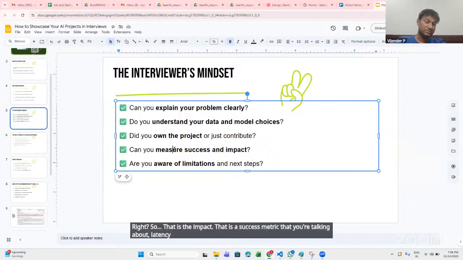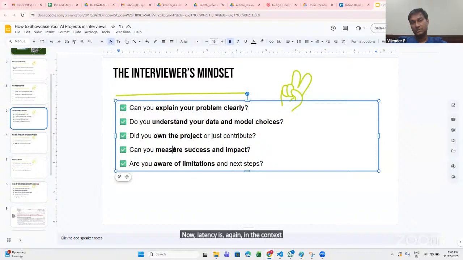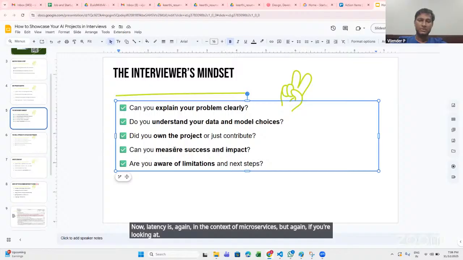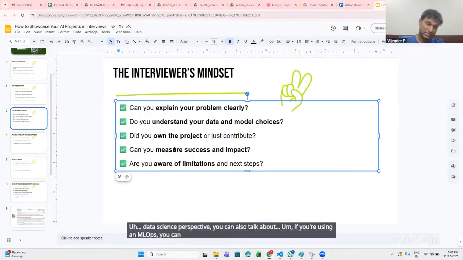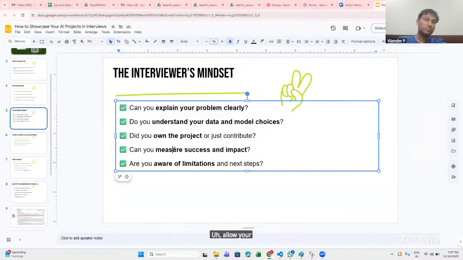That is the success metric that you're talking about. Latency is one metric, though latency is in the context of microservices. From a data science perspective, if you're using MLOps, you can say how many transactions per second you are able to allow your system to process because of the architecture that you have developed. That's how you measure success.